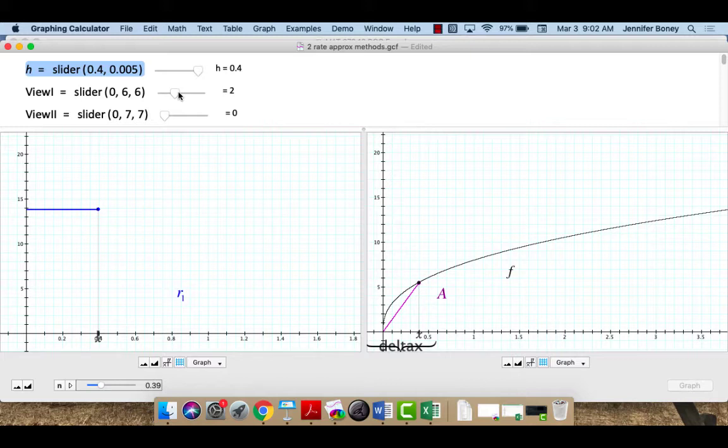So instead of a whole variety of rates between 0 and 0.4, I have one rate that's found by using the coordinate points of the exact accumulation function, net or total, this one could be either, between its endpoints at x equals 0 and x equals 0.4.